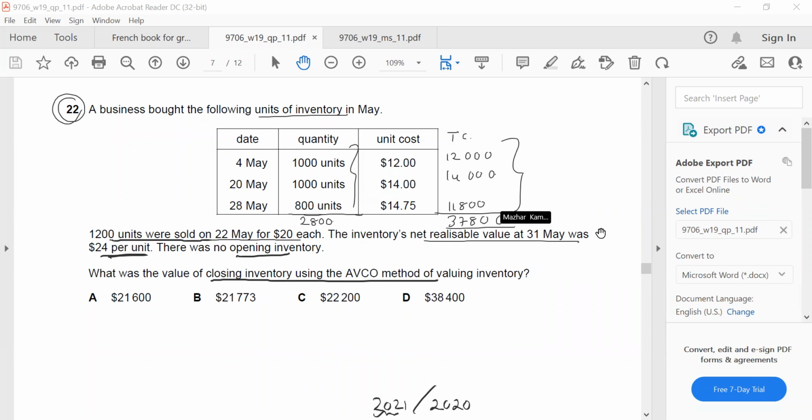What is the average cost? Average cost would be 37,800 divided by 2,800. So my average cost per unit is 13.5. Are you with me?